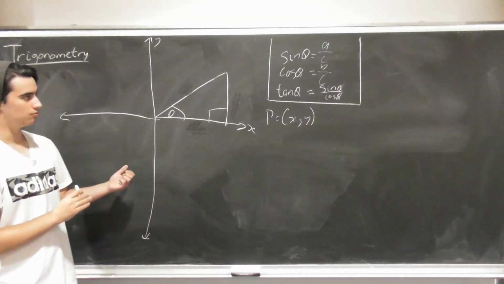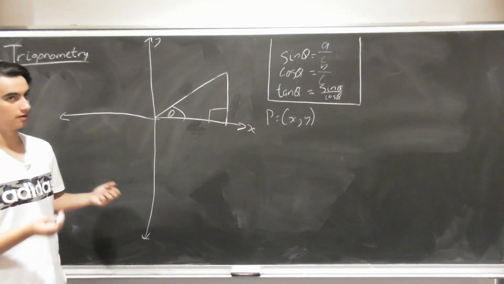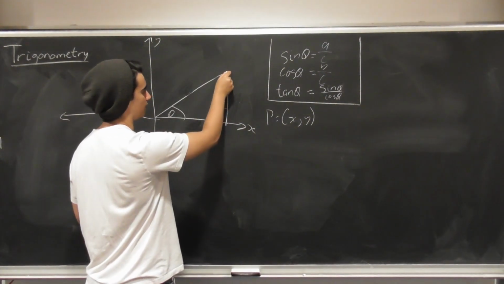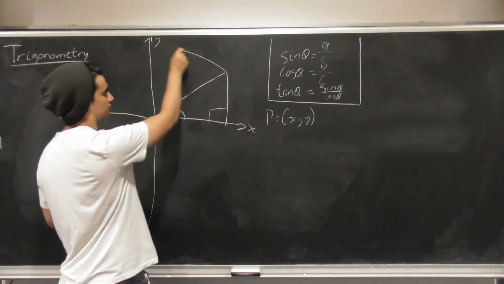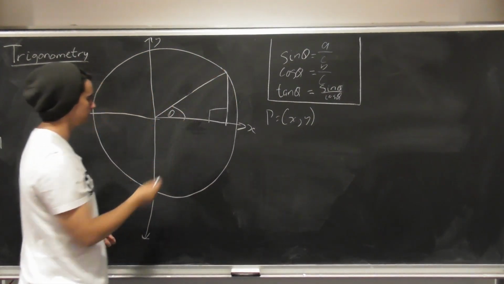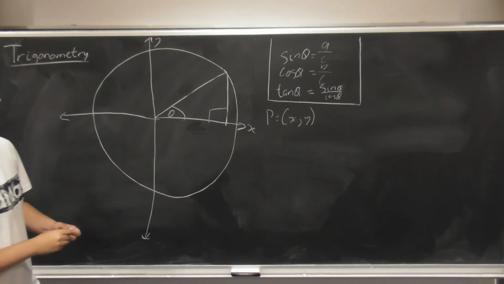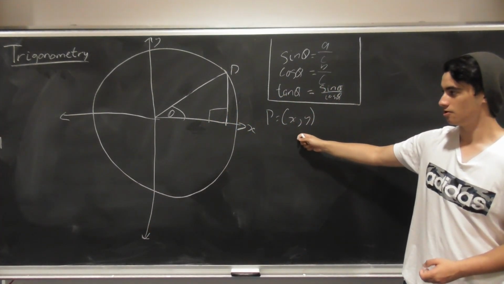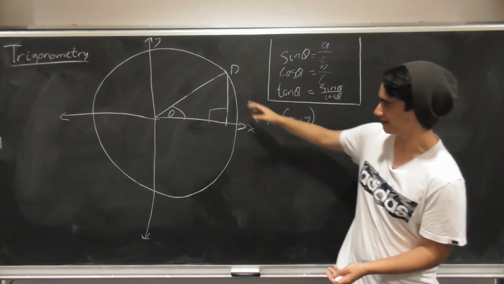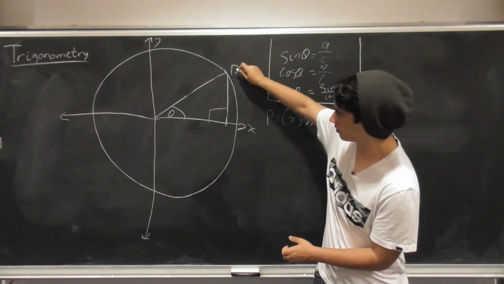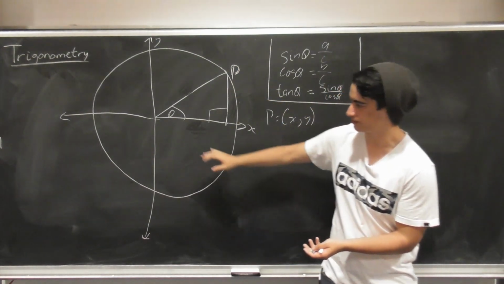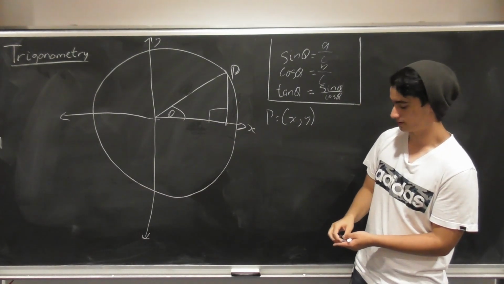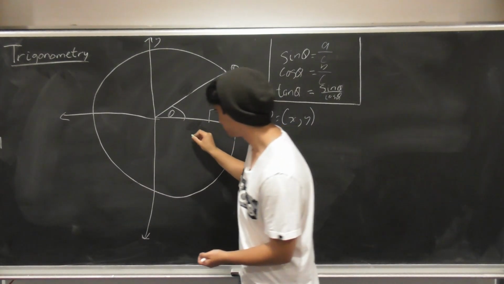So now, a triangle on a plane, not really too important. But if we imagine a circle here, not the best circle, but anyway, and this point being called P, which has some x and y coordinate, we can really see that this x coordinate, how far along the x direction we need to go to get to P, is really the same as this adjacent side of the triangle that we've built. So instead of calling it B, we'll call it x.